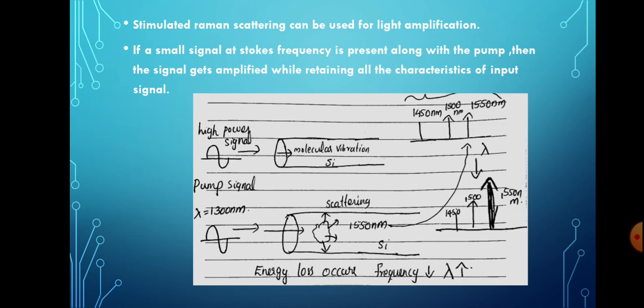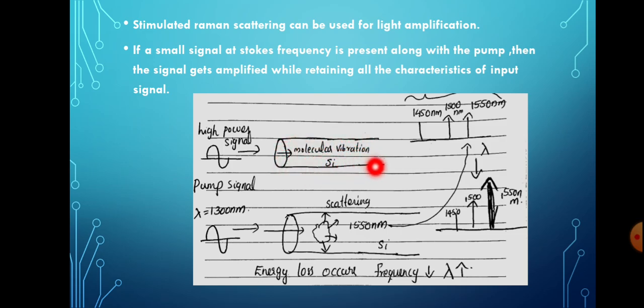Suppose a small signal at the Stokes frequency is present along with the pump signal. Then the signal gets amplified while retaining all the characteristics of the input signal. That is what occurs in the amplification process. Let us see it in detail. Suppose there is an optical fiber cable here, and there are some molecular vibrations in this fiber.